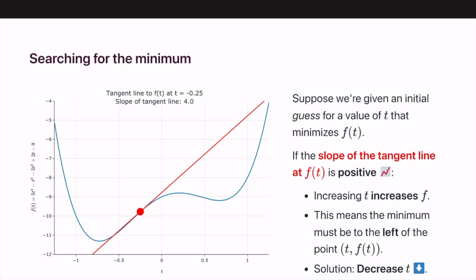So one of the things we need to determine is, do we have a positive or a negative derivative? If the derivative is positive, then we want to move to the left, because the minimum must be to the left.